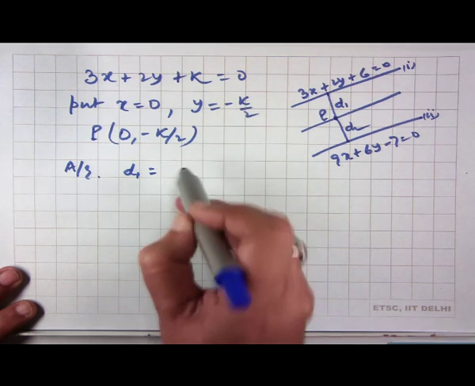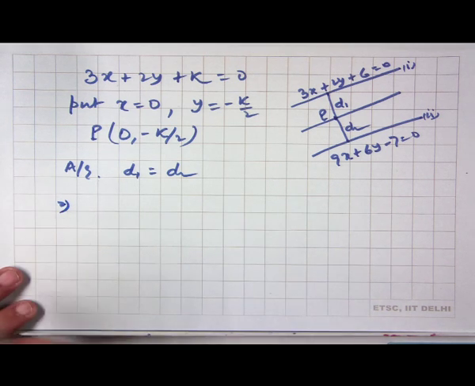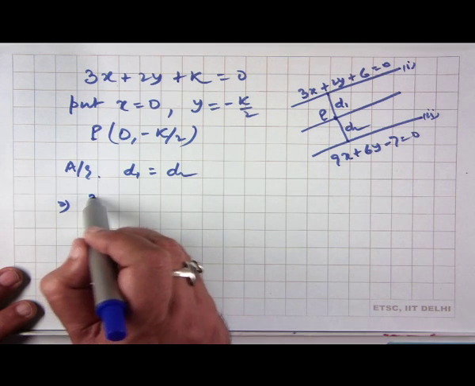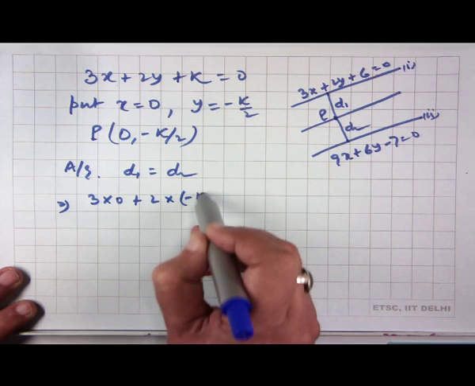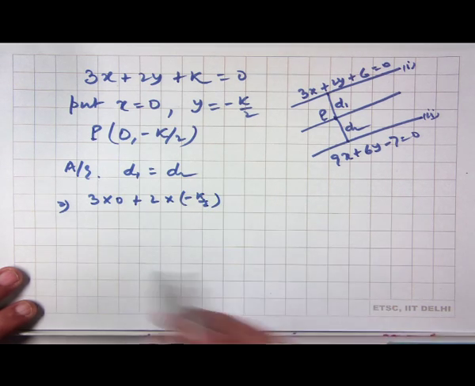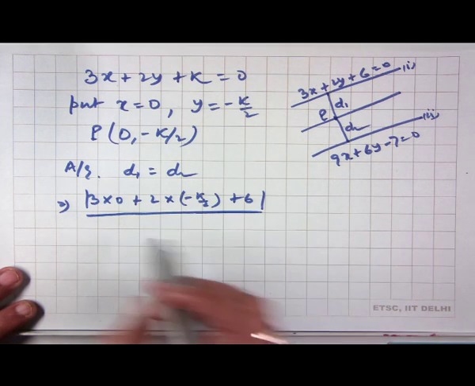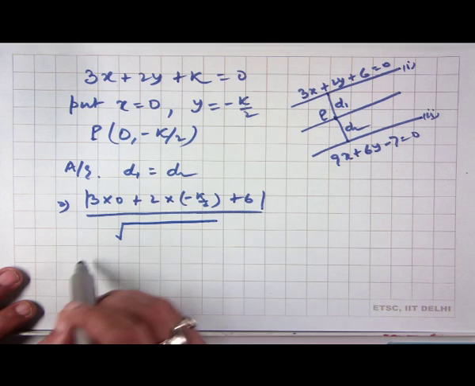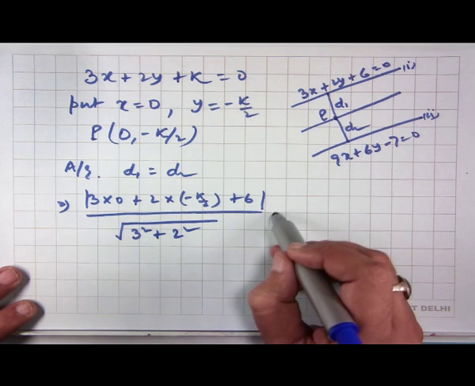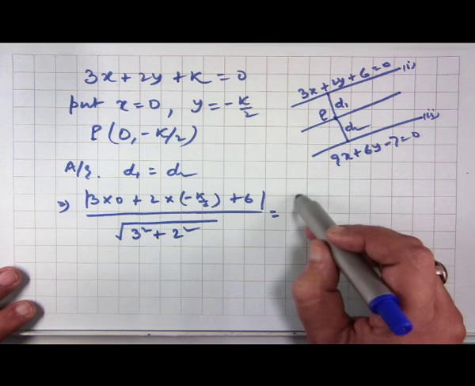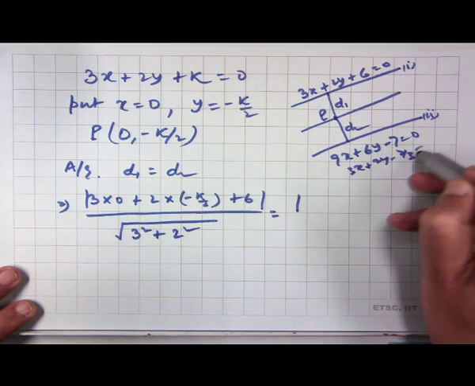D1 equal to D2 implies |3×0 + 2×(−k/2) + 6| divided by √(3² + 2²) is equal to |…|, and we write this again as 3x + 2y − 7/3 = 0.